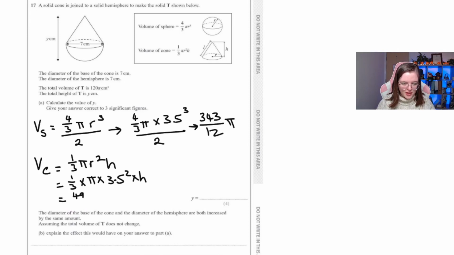Got some horrible numbers in there. 49 over 12 pi h. Then we've been told the total volume, so this plus this is 120 pi.